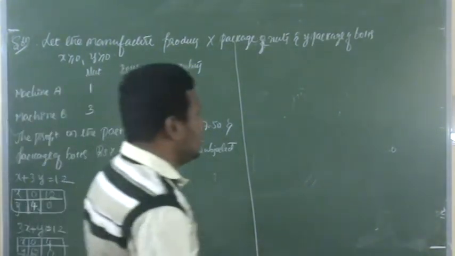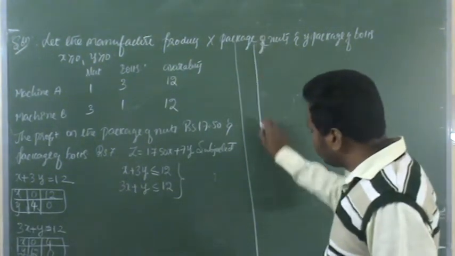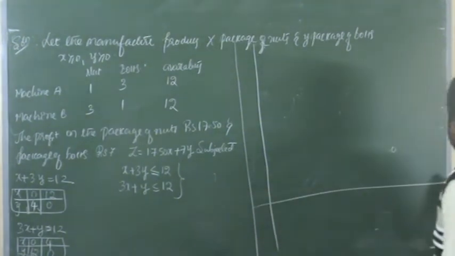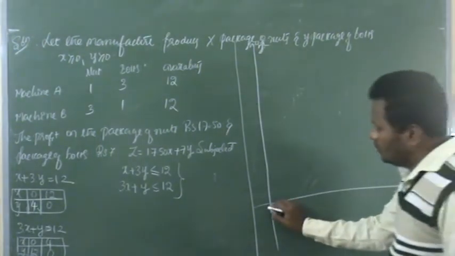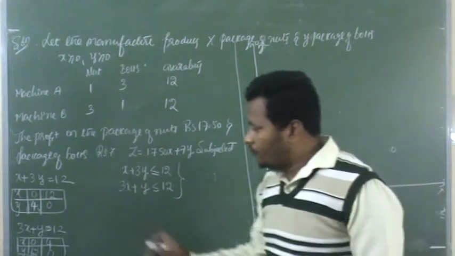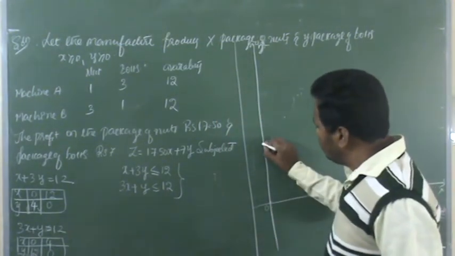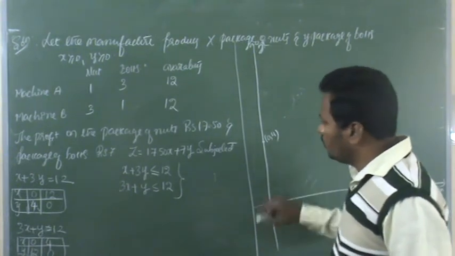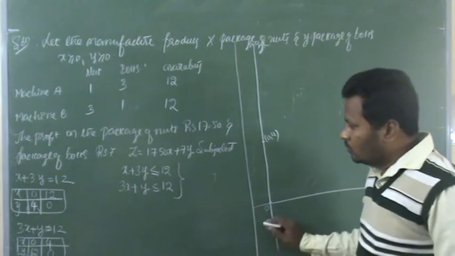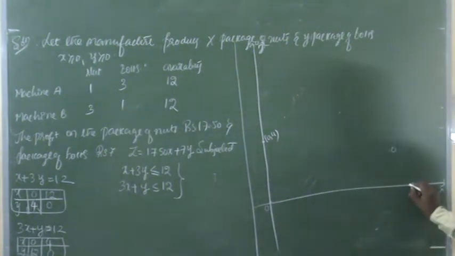So these are the points. Now graph these points. When x is equal to 0, y is equal to 4, approximately (0, 4). Next, when y is equal to 0, x value is 12, approximately (12, 0).